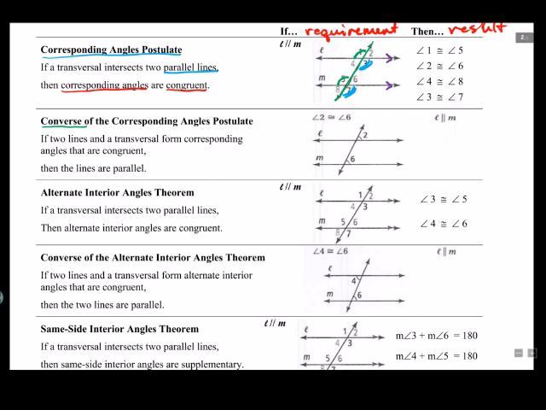So our requirement here is that if two lines and a transversal form corresponding angles that are congruent, so we have 2 lines and our transversal right here, and we can see that our corresponding angles are congruent, then what's the result? We can say the lines are parallel. We can say that line L is parallel to line M, and we can mark them parallel. That is the result.